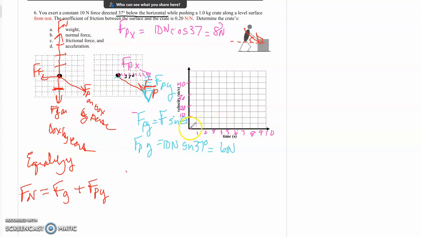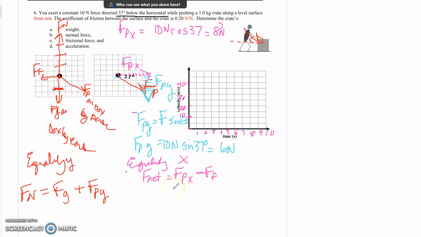Because I start from rest and I travel along a level surface and they give me the coefficient of friction. Okay, so let's see equality in the x. So what do I know about things in the x? F net is going to equal F push x minus F friction, right?